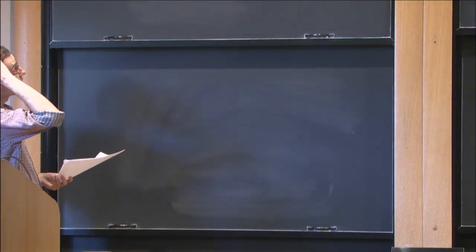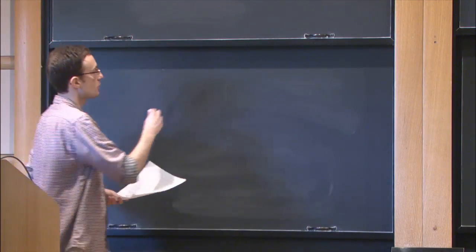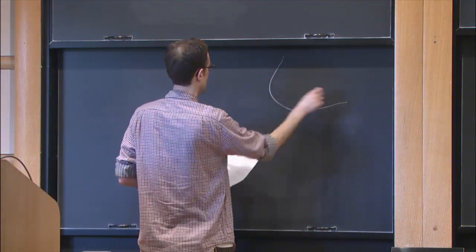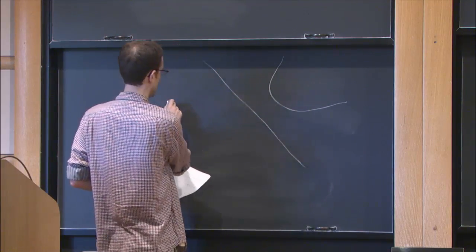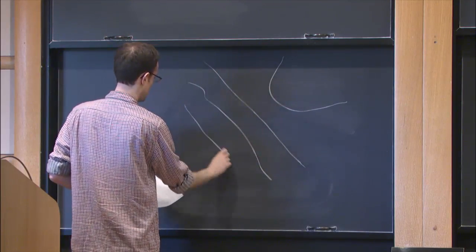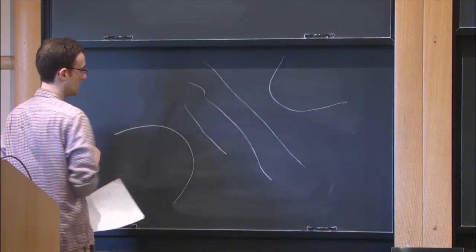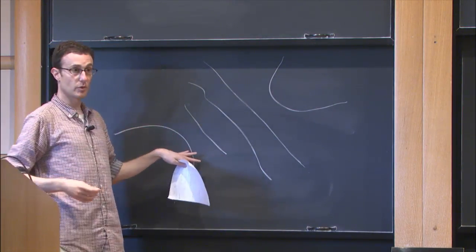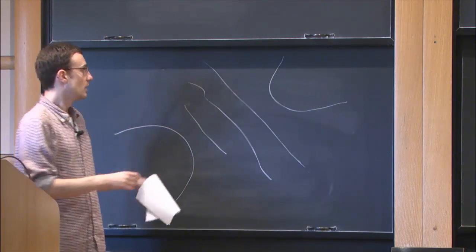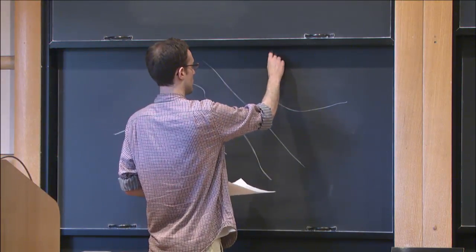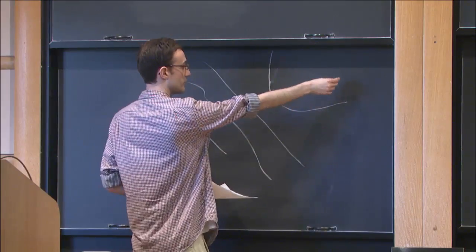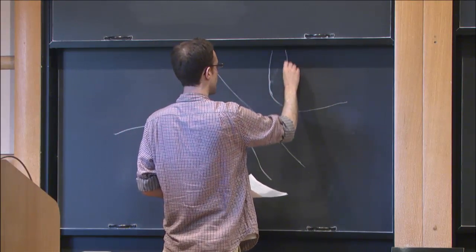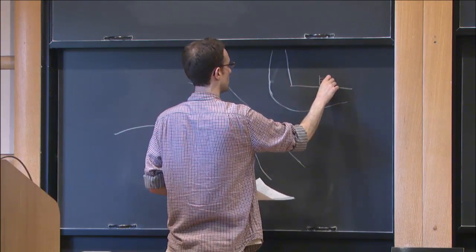And the picture that I like to use to remember is something like this. So real stable polynomials, this tends to be what their 0 sets look like. And this is the positive orthant. So this contains the positive orthant.